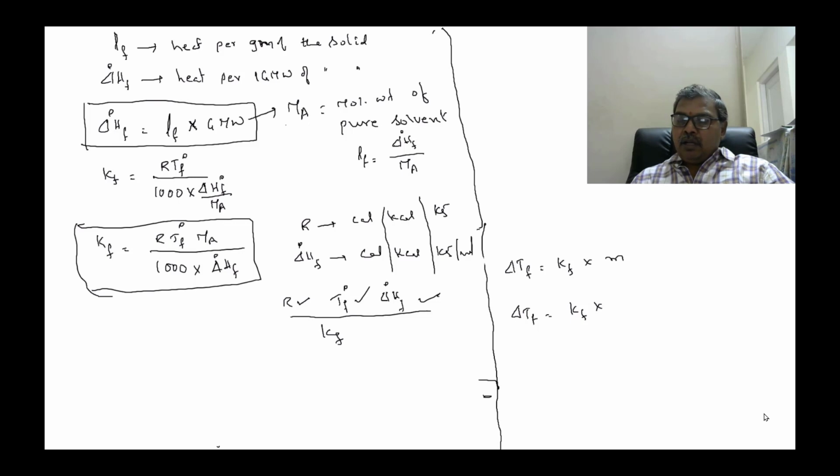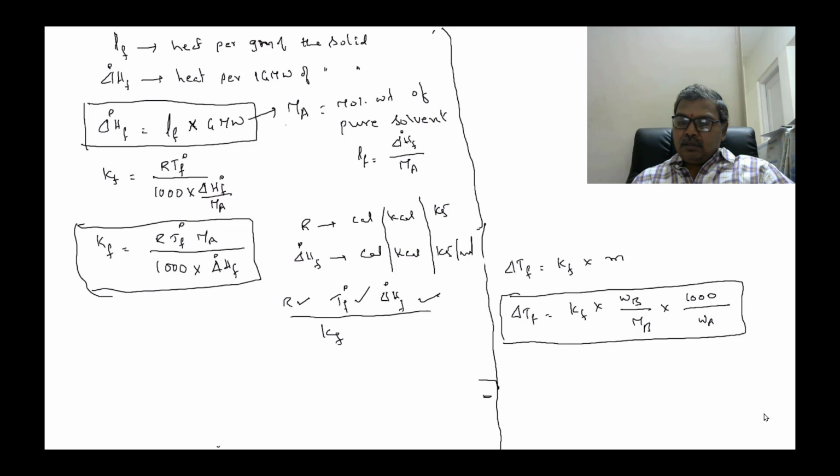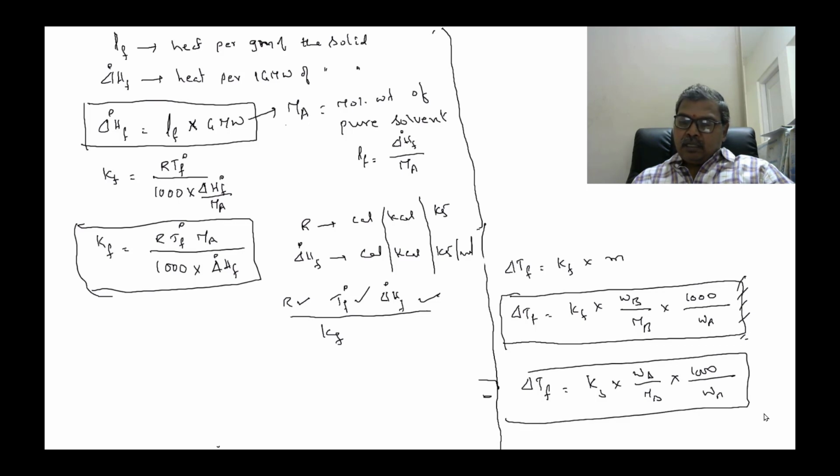Molality of the solution is weight of the solute by gram molecular weight of the solute into 1000 by weight of the solvent. See, the delta Tb formula is also the same, right? Instead of Kf, Kb is there: Kb into Wb by Mb into 1000 by Wa gives delta Tb.